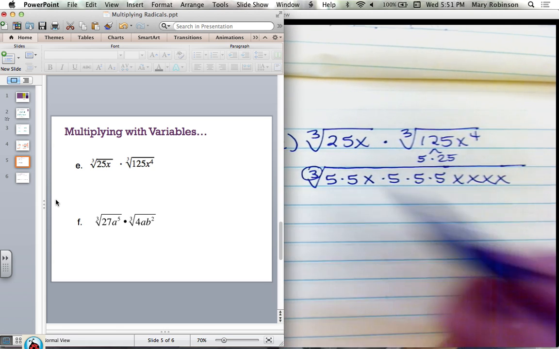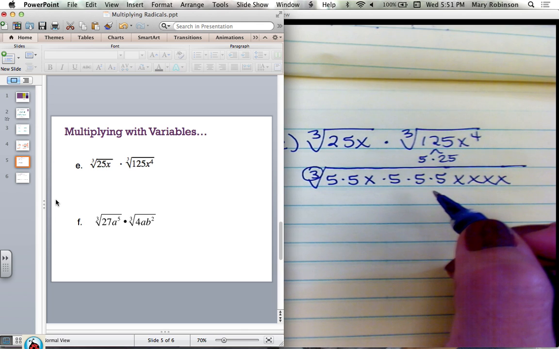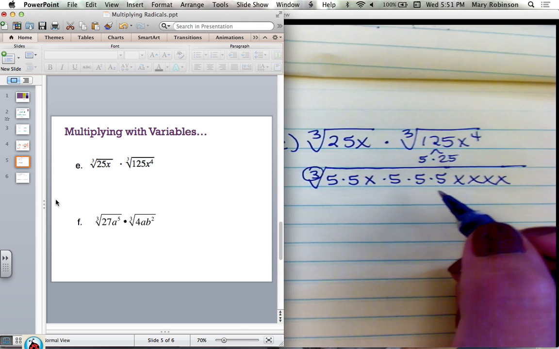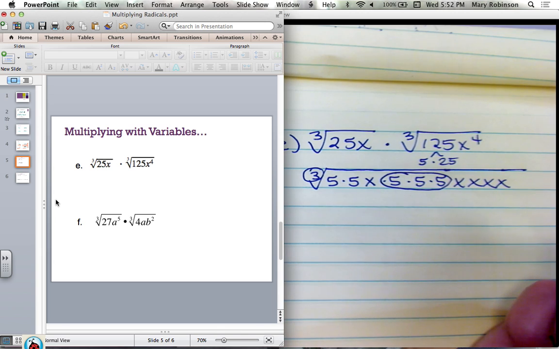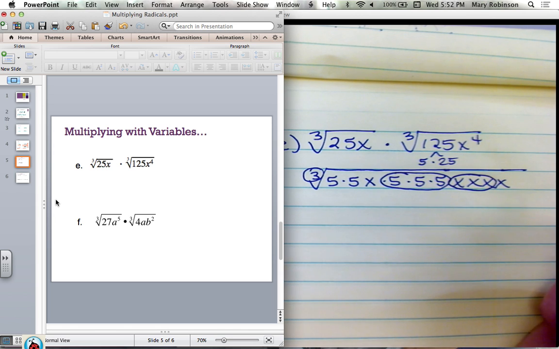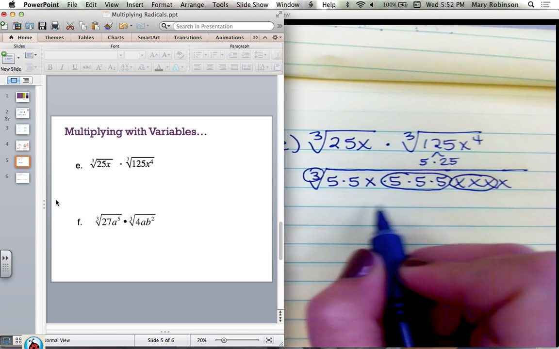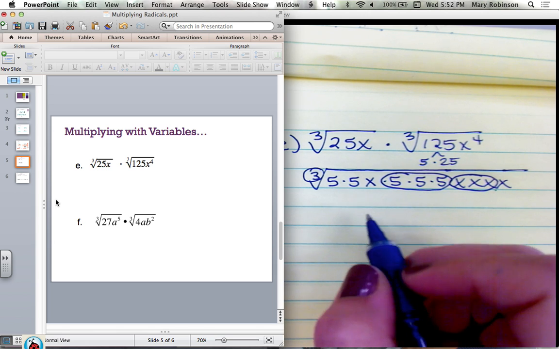Again, because my index is 3, notice nothing's changed. I'm still doing the same simplifying we've been doing since the first lesson. I'm looking for 3 of the same factors. So I can group 3 5s, and I can also group 3 x's, but I do not have enough 5s to create another group of 3, and I don't have enough x's to create another group of 3.